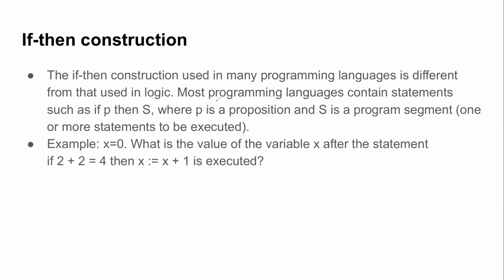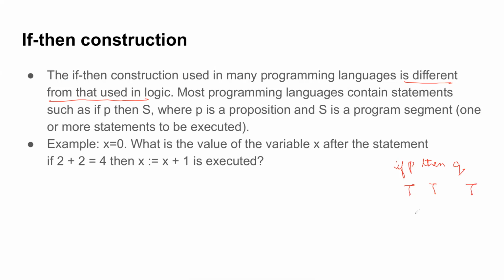The if-then construction that you use in programming language, please note that it is very different from logic. It's not the same as what we do in logic. If I write if P then Q, we know the truth tables. When P is true and Q is also true, then your implication is true.